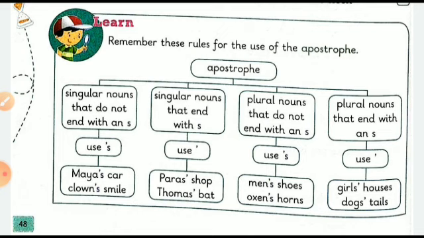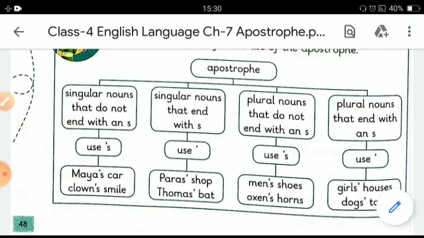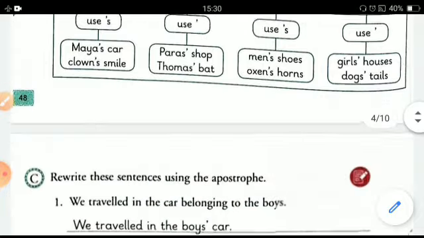Remember these rules for the use of the apostrophe. The first one is singular nouns that do not end with an S use apostrophe S. Example: Maya's car or the clown's smile.